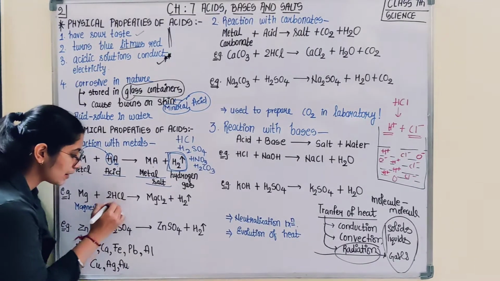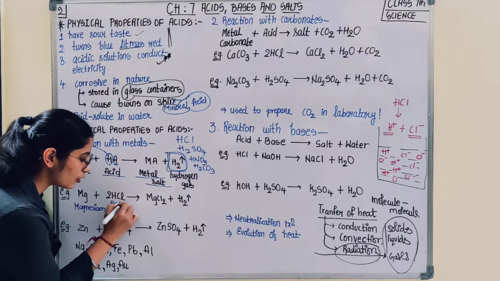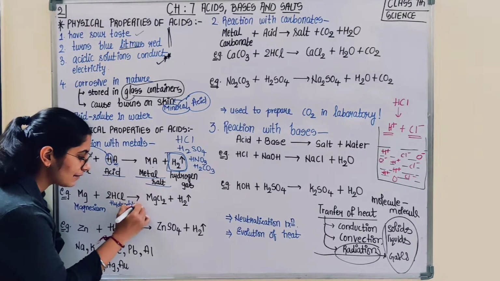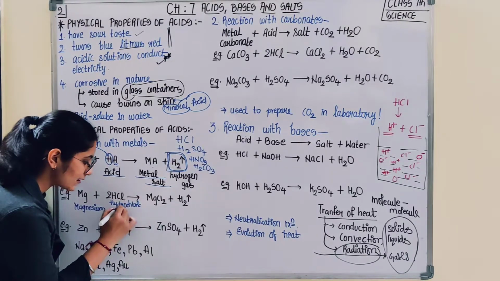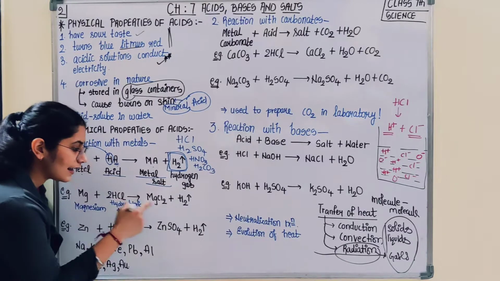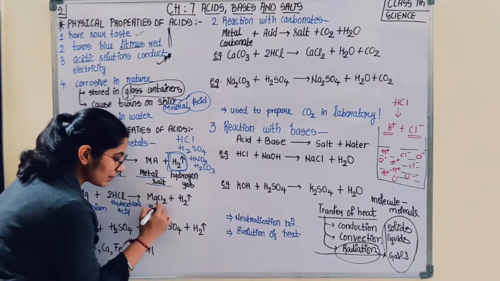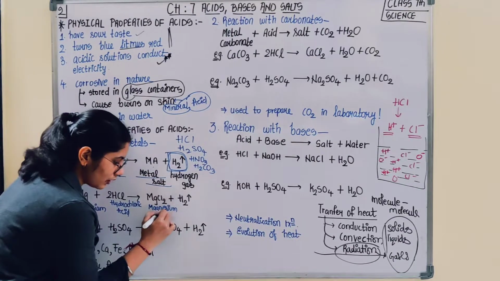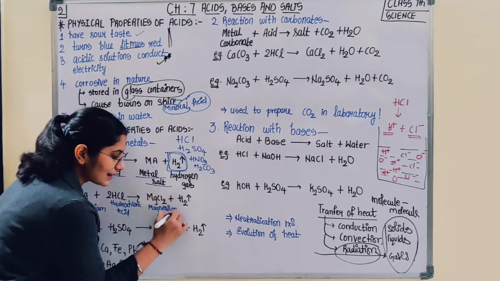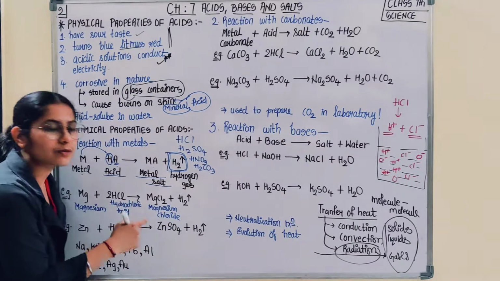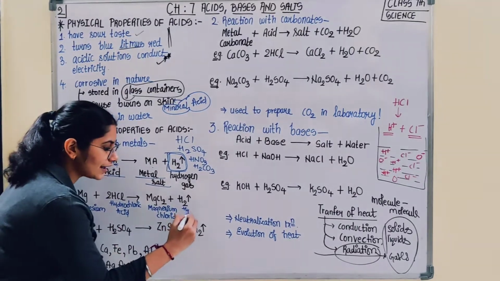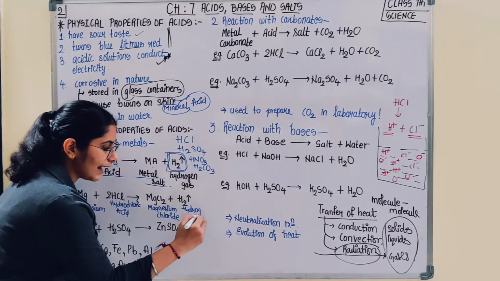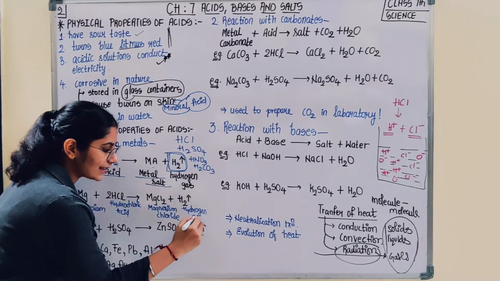When magnesium reacts with hydrochloric acid, it forms magnesium chloride, and this magnesium chloride is a salt. So magnesium chloride plus hydrogen gas is evolved.